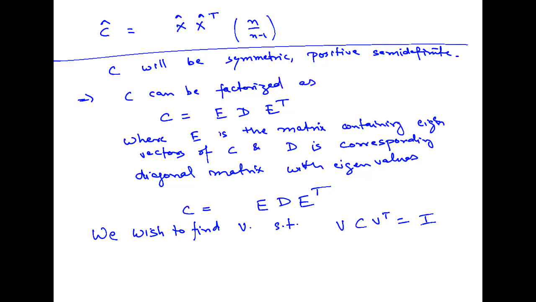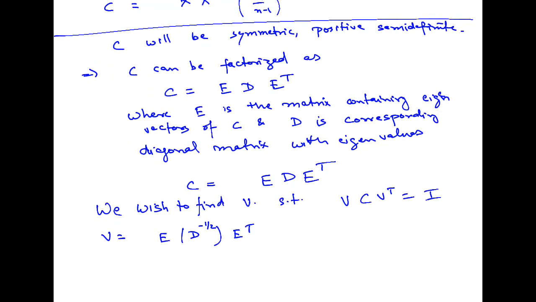So V equal to E D to the power minus 1 by 2 E transpose. What does this mean? You take the square root of the eigenvalues and put 1 by square root of the eigenvalues in the diagonal. Times E transpose.